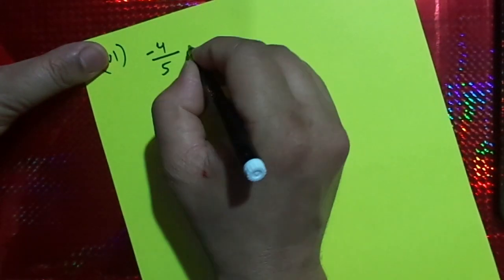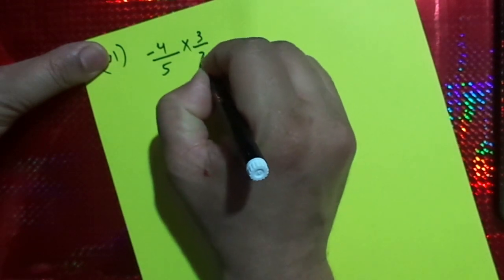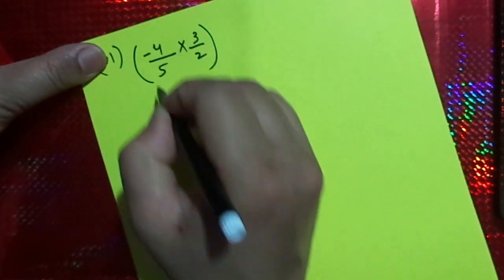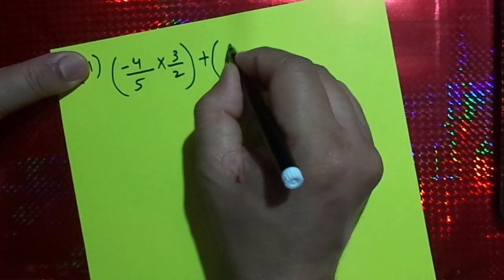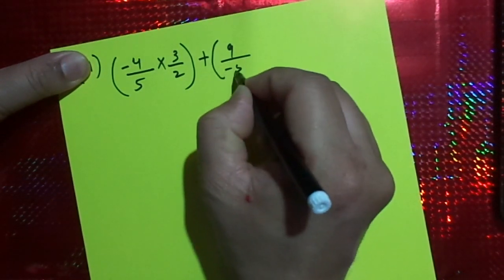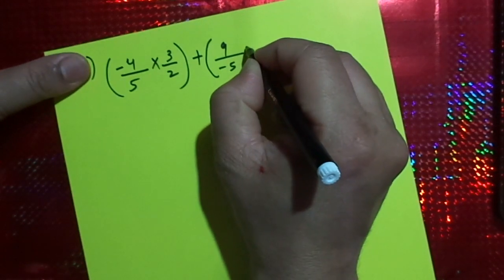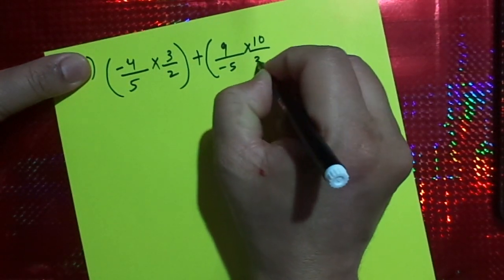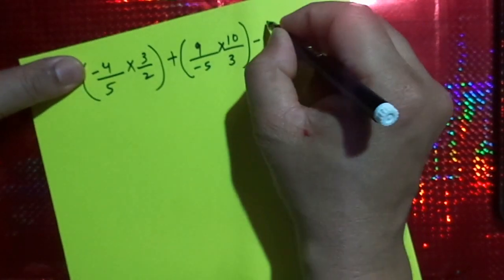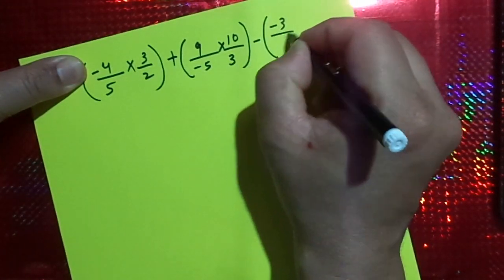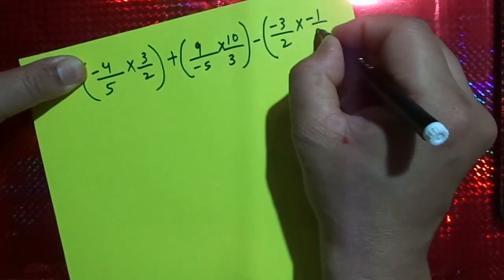Minus 4 by 5 into 3 by 2, plus bracket 9 by minus 5 into 10 by 3, this is also fine, minus 3 by 2 into minus 1 by 4.